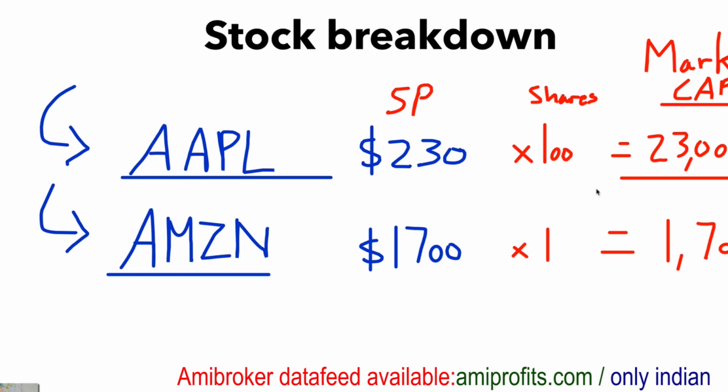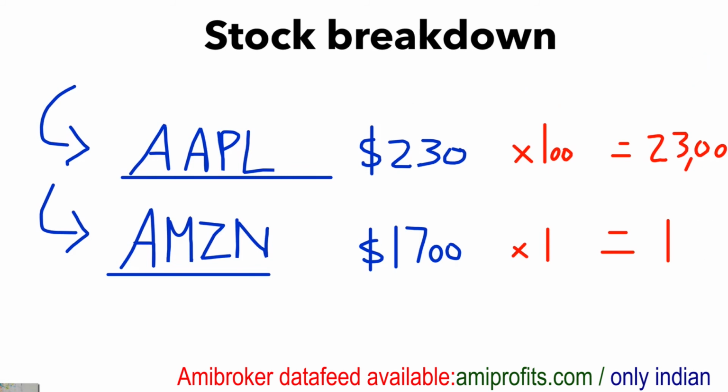I'm just showing you how the back end is done. Once again, Apple in this situation is a bigger company. Now, if you go to the actual logistics of these two companies, Apple is worth over $1 trillion.